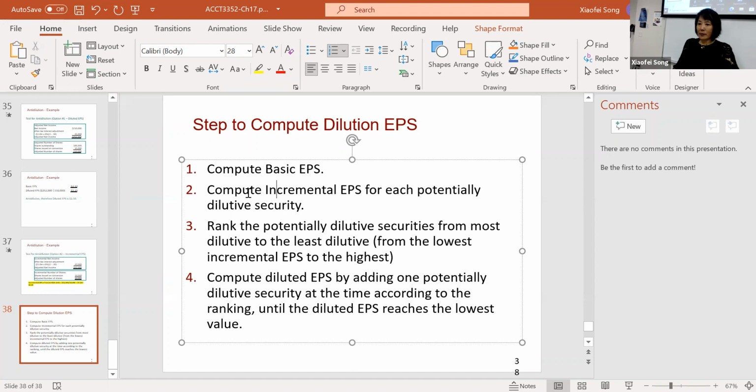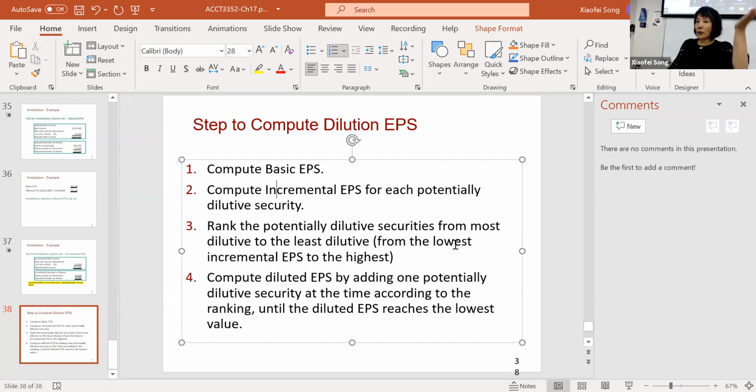As you know, rank potential dilutive securities from the most dilutive to the least dilutive. Basically, the smaller the incremental earning per share, the more dilutive that security is. So options and warrants are always the most dilutive because they have zero incremental earning per share.